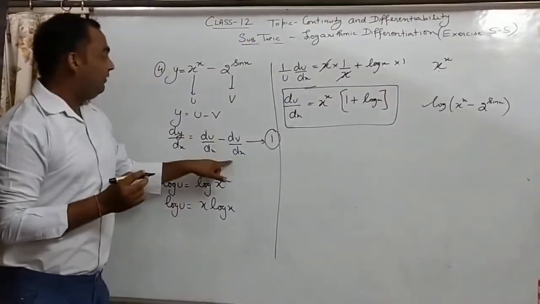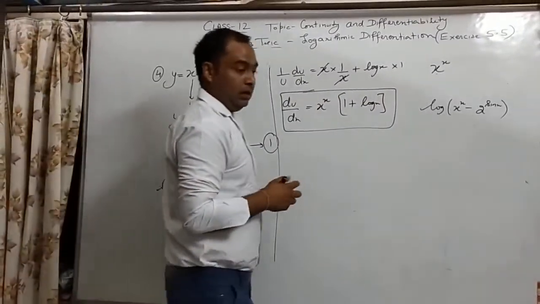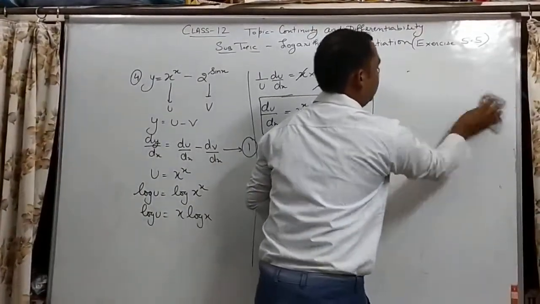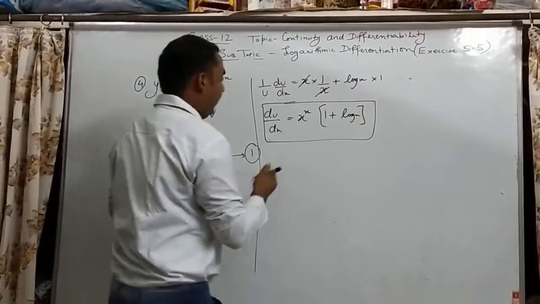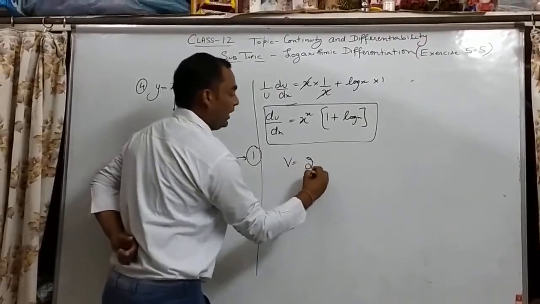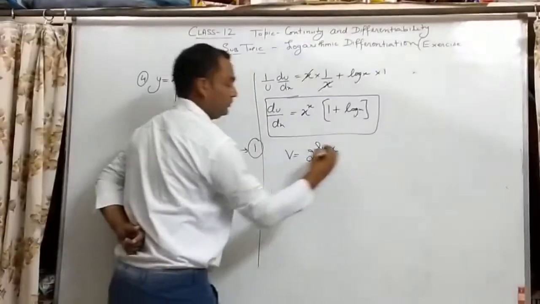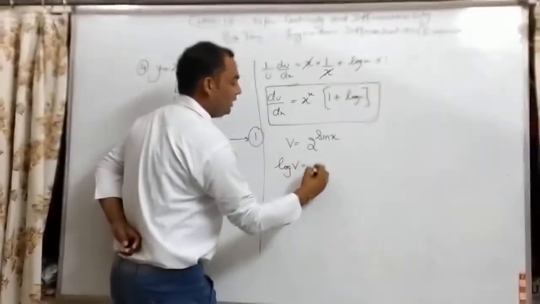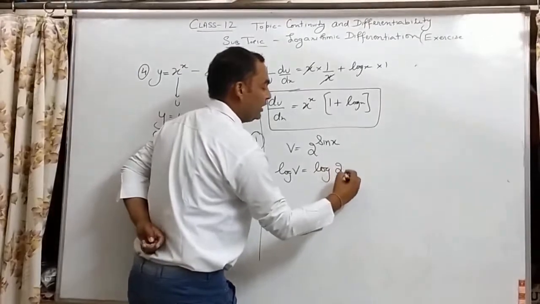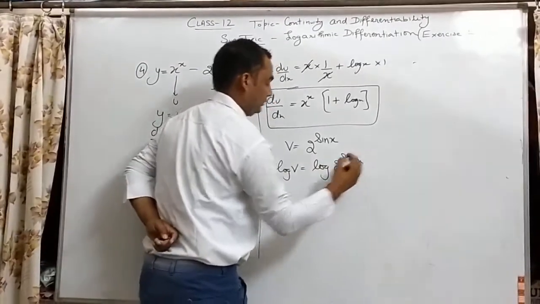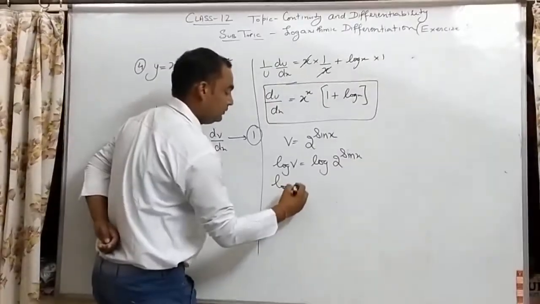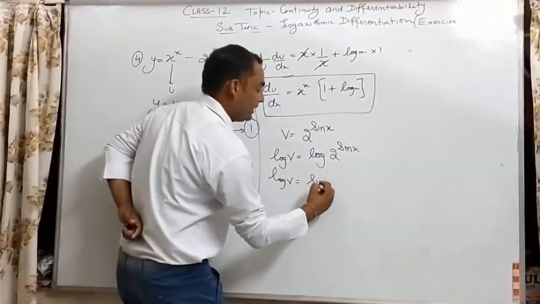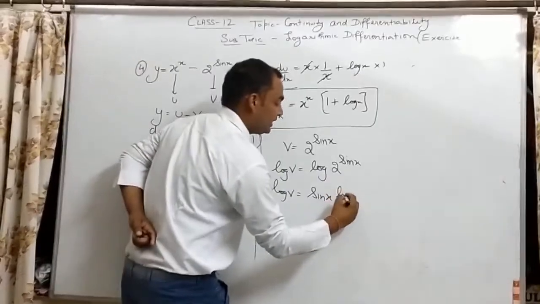Now we will find dv upon dx from this term. Now v is equal to 2 raised to power sin x. Applying log on both sides, log of v is equal to log of 2 raised to power sin x. Log of v, as you know, log of x raised to power y is y log x. So sin x comes down, sin x log 2.